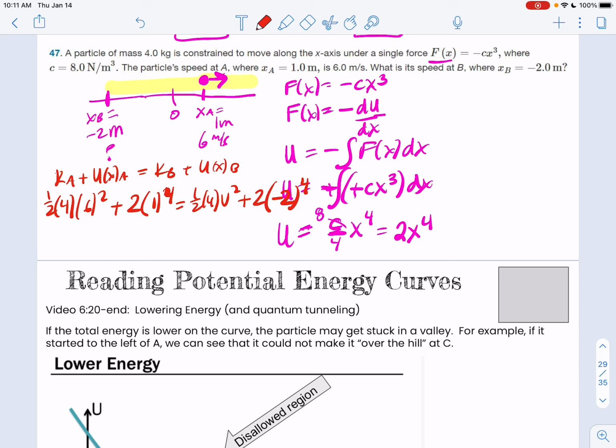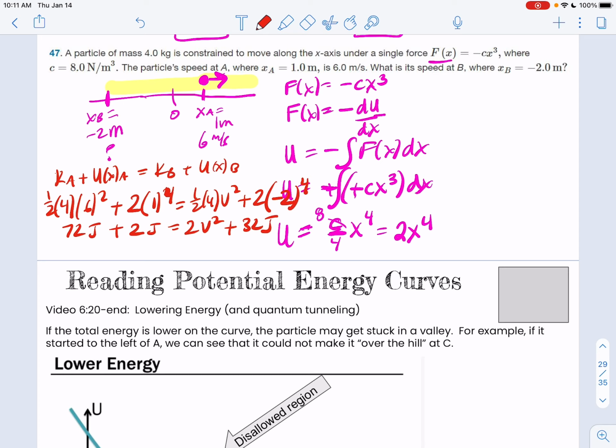So I'm going to have 0.5 times 4 times 36, which is 72 joules, plus 2 joules equals 2v squared plus, what's negative 2 to the 4th? 16, so 32 joules.